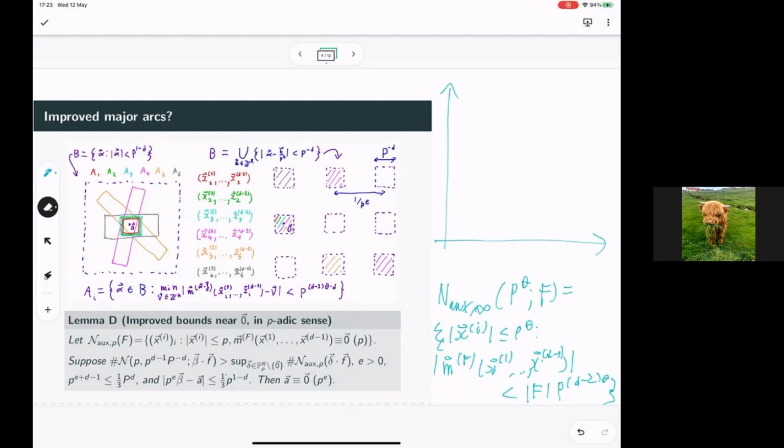And what one gets is that if the number of solutions to our multilinear Diophantine inequalities is larger than the number of points in this bad set, that is, if n p to the theta p to the d minus 1 theta minus d f is bigger than this, then real repulsion tells you that you can really carry this out.